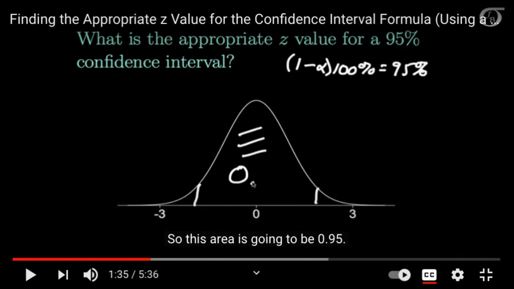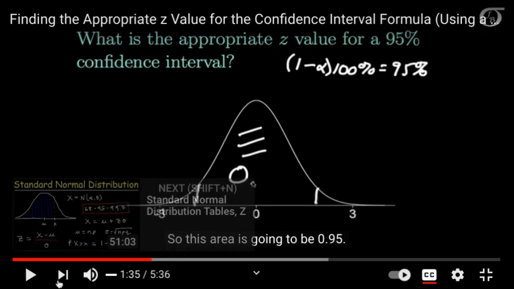What's 100 minus something gives you 95%? Five what, Song? Five what? Percent. Yeah.